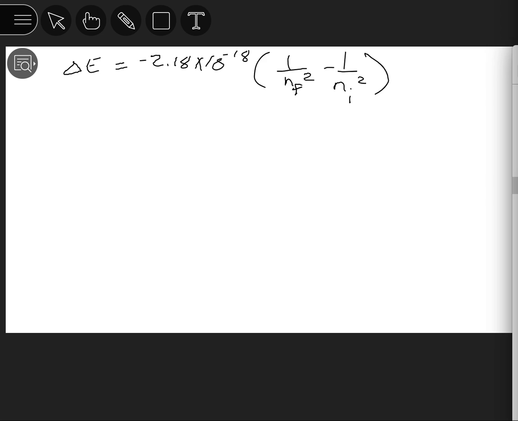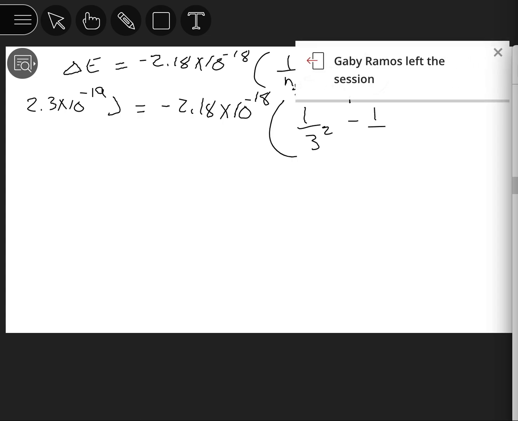So let's say our energy was 2.3 times 10 to the negative 19 joules, and n final was 3. And we're looking to see what n initial is.